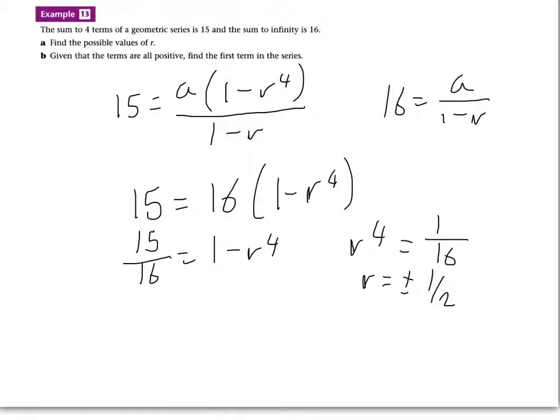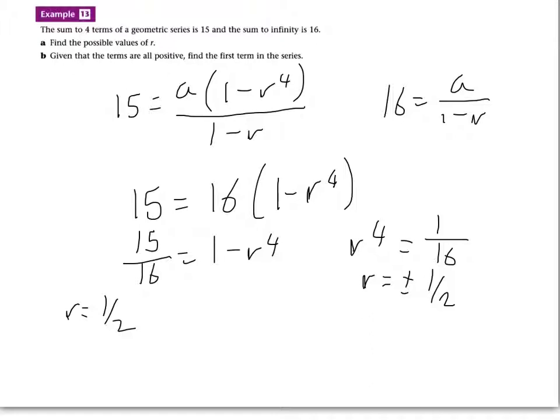So for part B, we're given that all the terms are positive. Well, if all the terms are positive, then r must be equal to 1/2, because if it was negative 1/2, then the terms would go positive, negative, positive, negative. We also can find out the value of a.